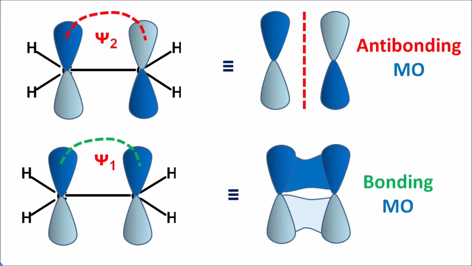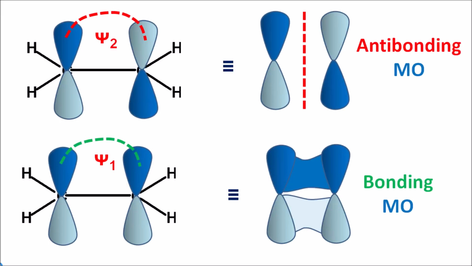So this is a simple example of ethene, which has a pi bond between the carbons, where the pi bond can be formed either by in phase overlapping or out of phase overlapping. In phase overlapping produces bonding molecular orbital, and out of phase overlapping produces anti-bonding molecular orbital.